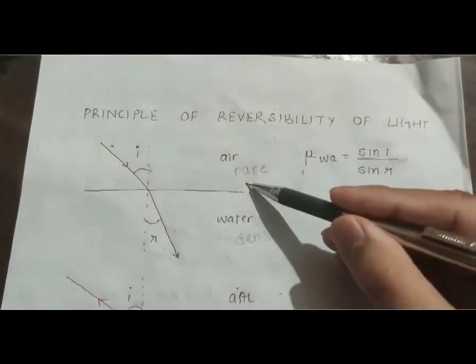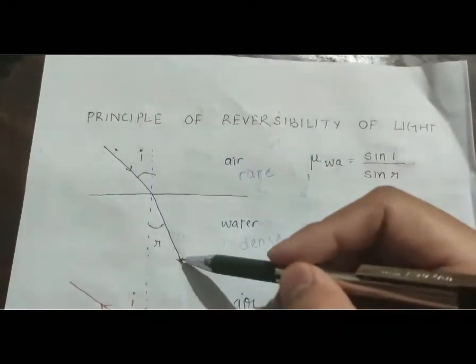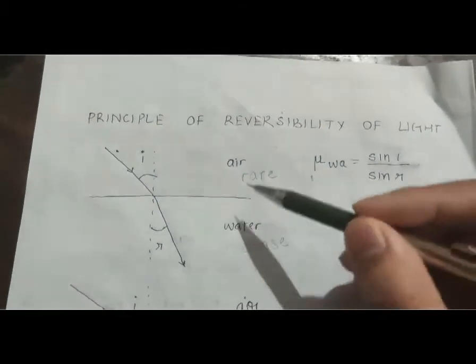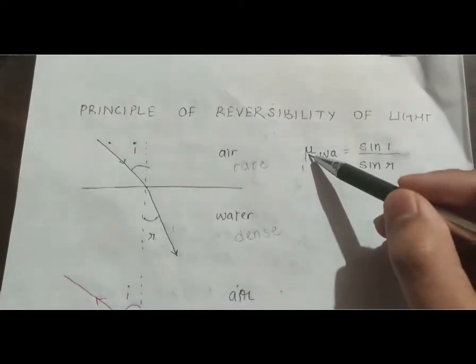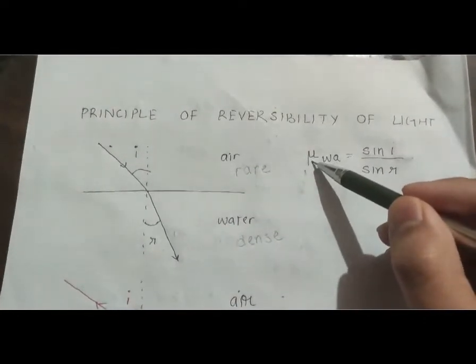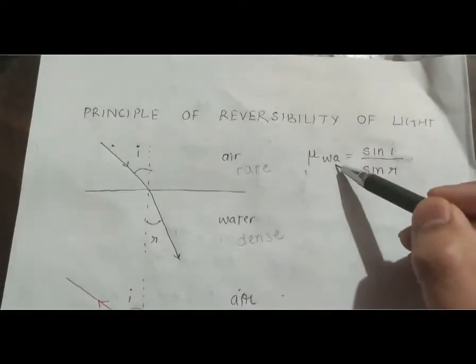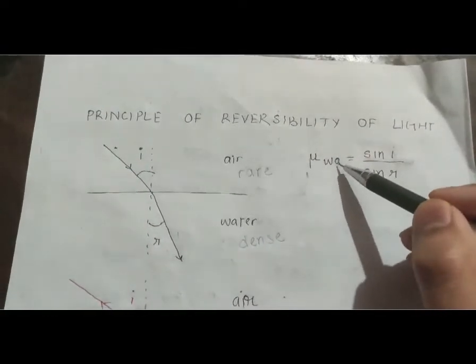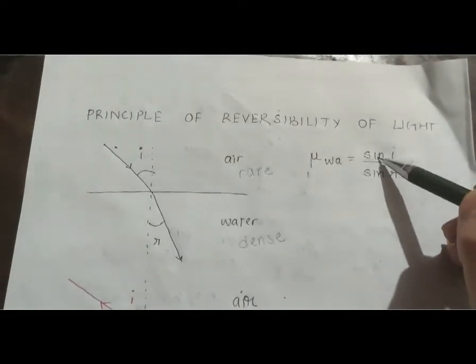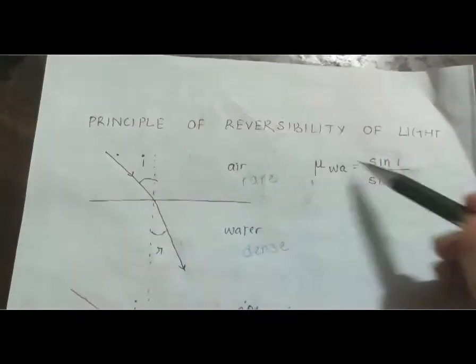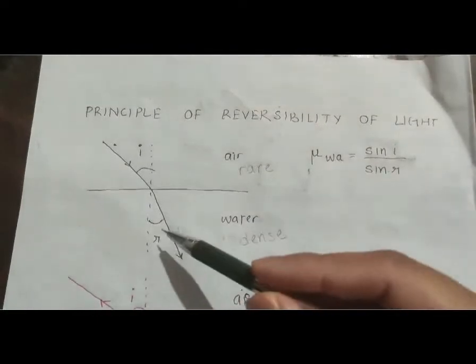So since our light is going to water from air, how do we write down the refractive index? Mu, the refractive index of water with respect to air, equals sine of I divided by sine of R.